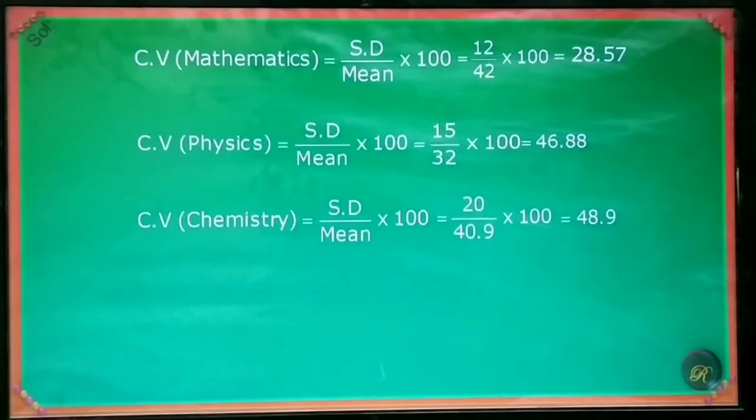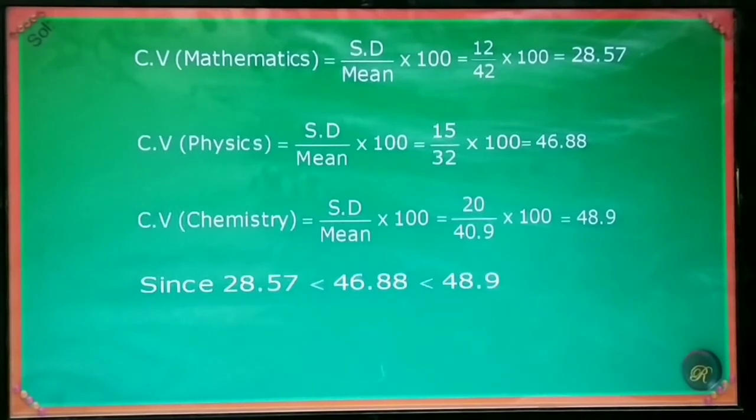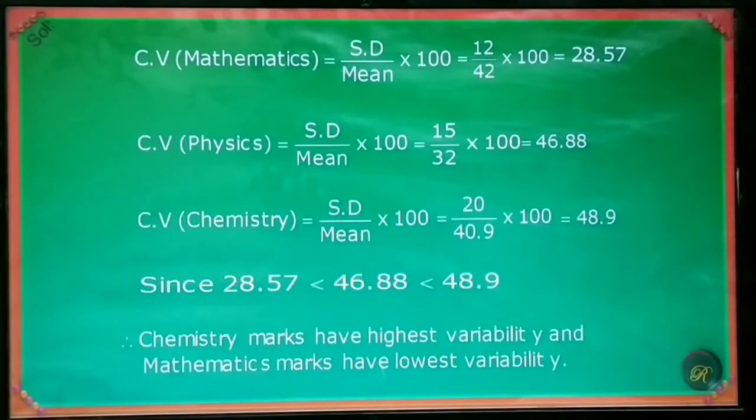Since 28.57 is less than 46.88 is less than 48.9, therefore chemistry marks have highest variability and mathematics marks have lowest variability.